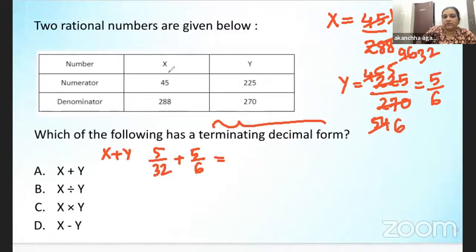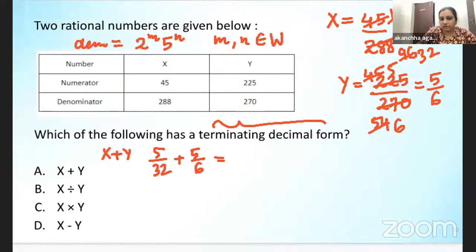For a terminating decimal form, the denominator should be of the form 2 to the power m times 5 to the power n, where m and n belong to whole numbers, meaning they can be anything from 0, 1, 2, 3 and so on. Apart from 2 and 5, there should be no other factor in the denominator. But here we see that for 5 over 32 we have 2 to the power 5, but for 6 we have 2 times 3.